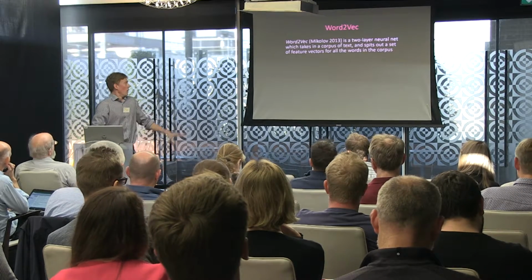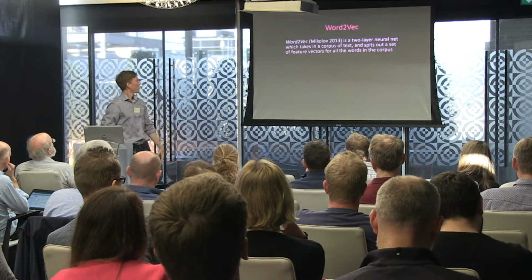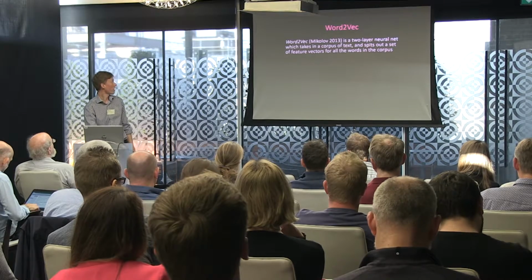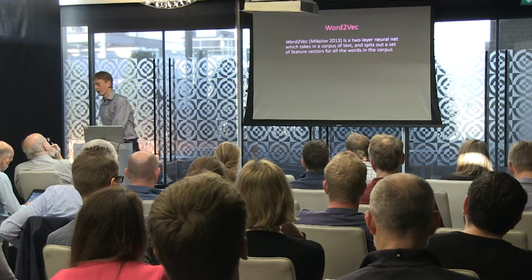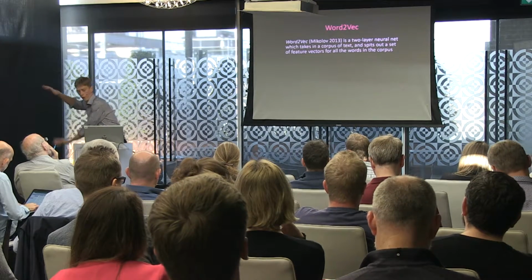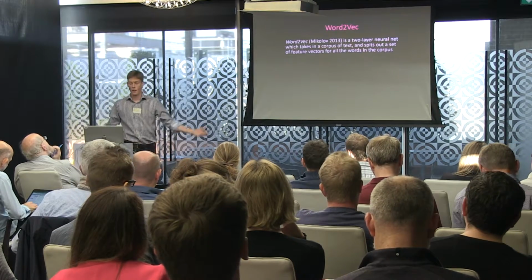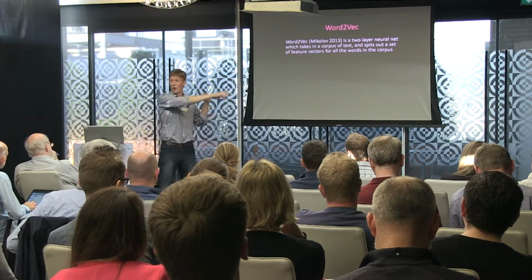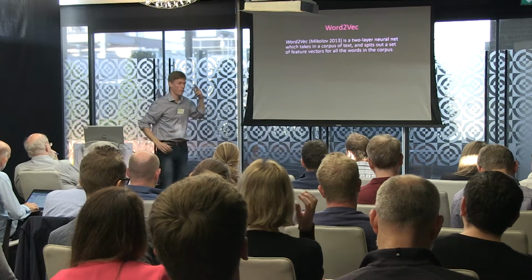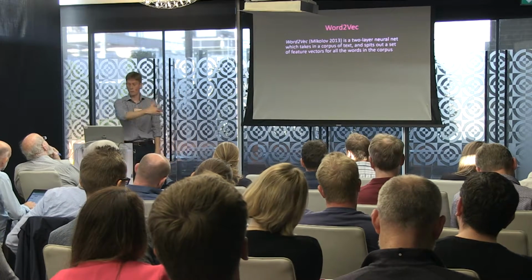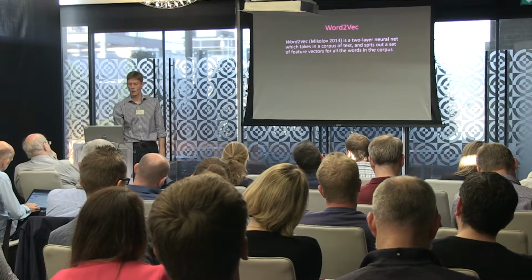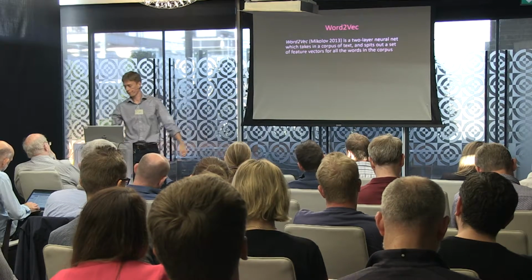So, a little bit more technical now. A two-layer neural net takes in a corpus of text. So, your massive pile of documents, chuck that in, and it gives out that grid that we saw. Set of characteristics across the top, set of each of your documents, or specifically words in this case, down the side, and a score for each one.